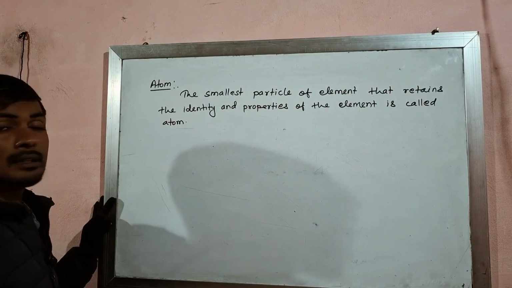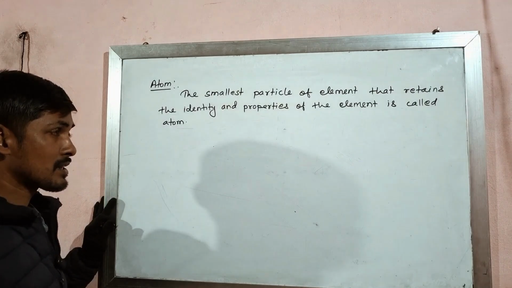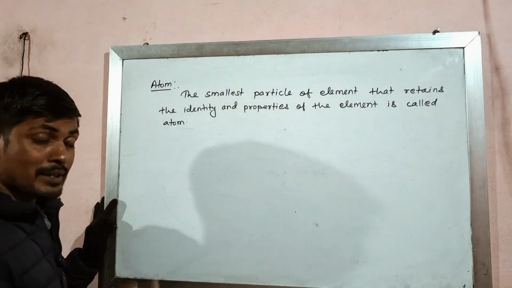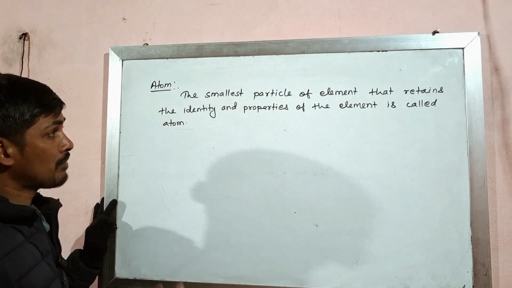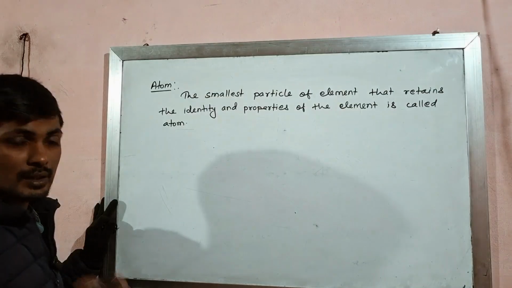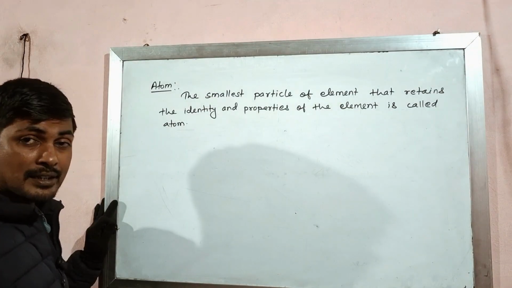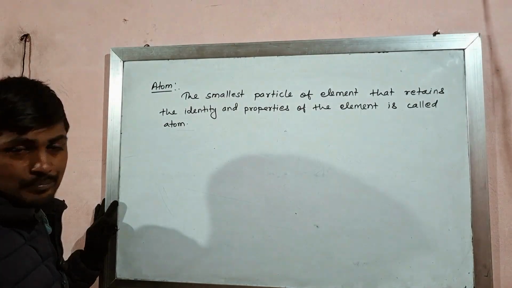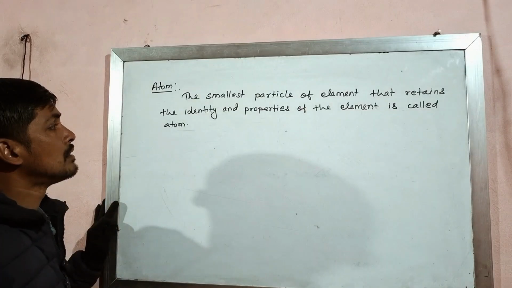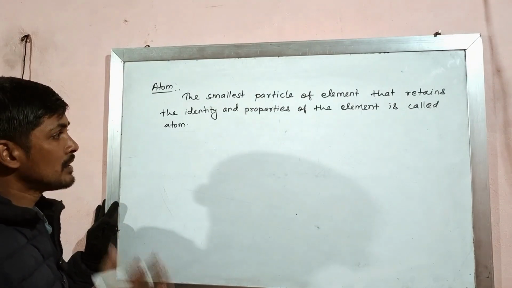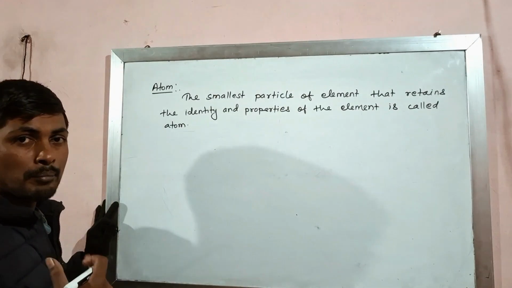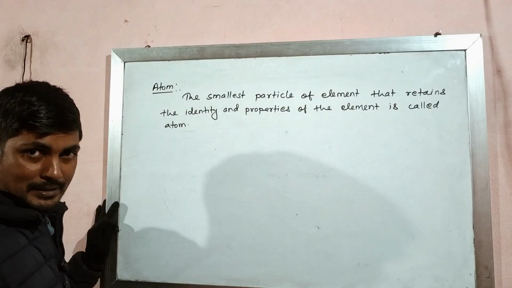So this definition tells us that atom is the smallest particle of every element that retains the identity of that element. And while retaining the identity, it also shows the properties of that element.